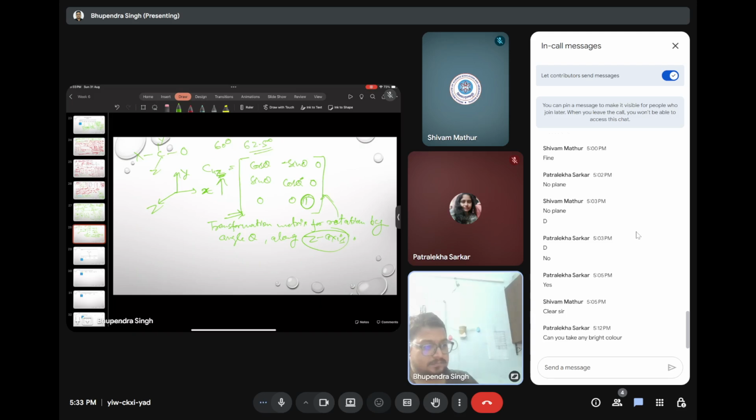Let's see what will happen if you try to operate or transform these coordinates from this transformation matrix.